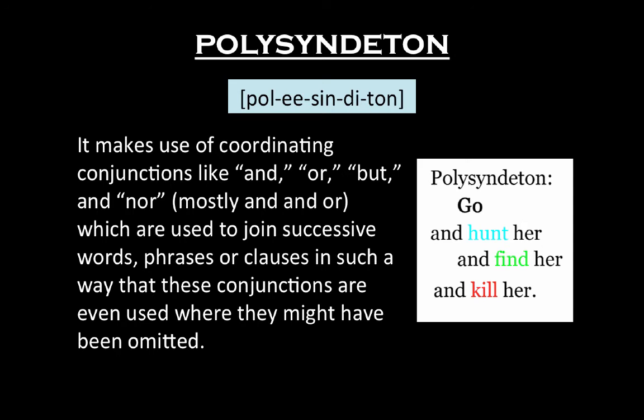So a lot of times you only use the conjunction between the last two words because it's less wordy, but if you really want to emphasize each of those words and make it sound more powerful, like if you're giving a speech or writing a poem and you're trying to create rhythm, you might say, "Go and hunt her and find her and kill her," rather than "go hunt, find, and kill her." So obviously the first way is more powerful, has more of a poetic flow to it.